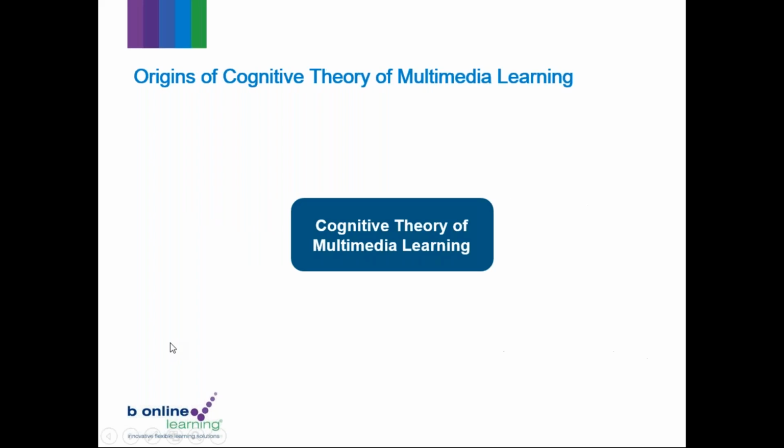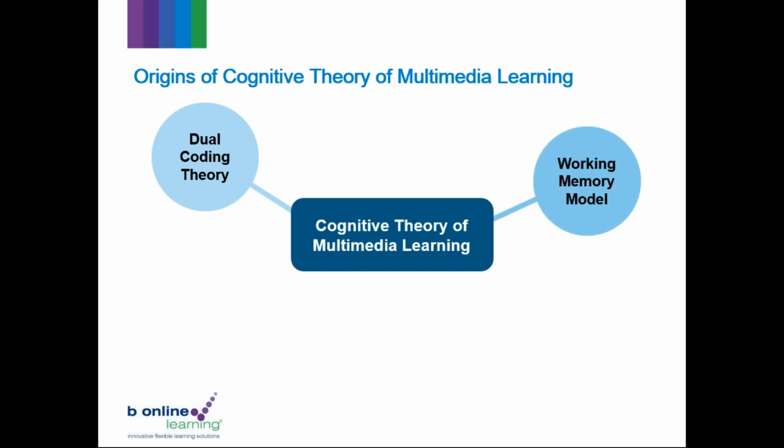Now, Mayer's cognitive theory of multimedia learning, he built that on some theory that was done a long time ago, sort of in the early 1900s, and everything kind of built on it. So there was a guy called Paivio who had the dual coding theory.